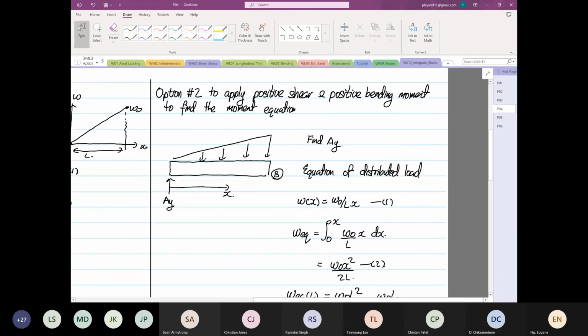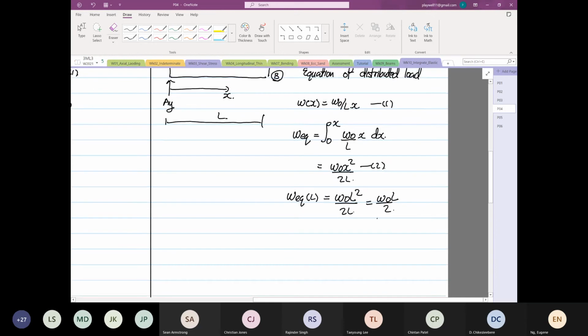I know if I consider this whole thing as L, you will tell me, Eugene, this is half base times height, or omega naught L over 2. By observation, the area of a triangle is exactly the same as when you use the integration method. Are you okay?